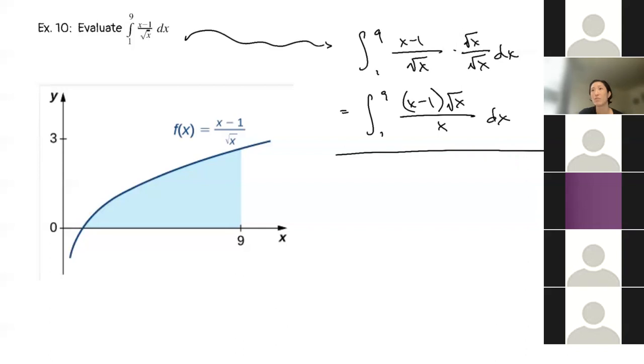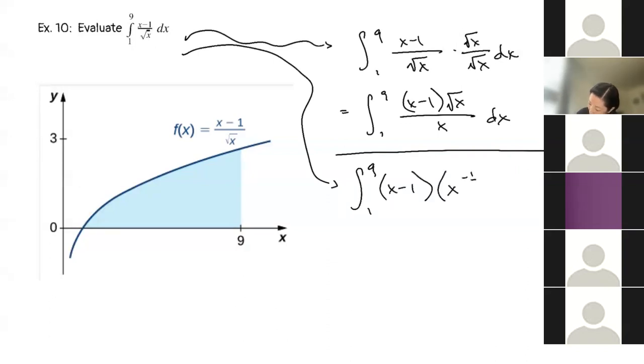Okay. So I see 2 who are saying, let's do something with this square root of x. So maybe an alternative is that we could say we have x minus 1 times x to the negative 1/2. All right.